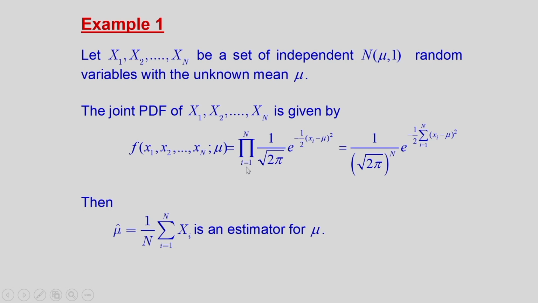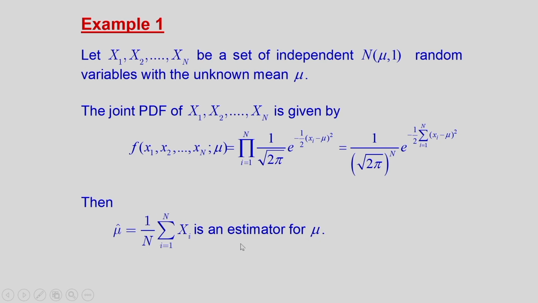So, that is the product for i going from 1 to n of 1 by root over 2 pi, e to the power minus half of xi minus mu whole squared. Using the property of the exponential function, we can write it in terms of a sum. So, this is the joint PDF of the data, and here the unknown quantity is mu, and if we take mu hat equal to 1 by n summation xi, i equal to 1 to n, it is an estimator for mu.